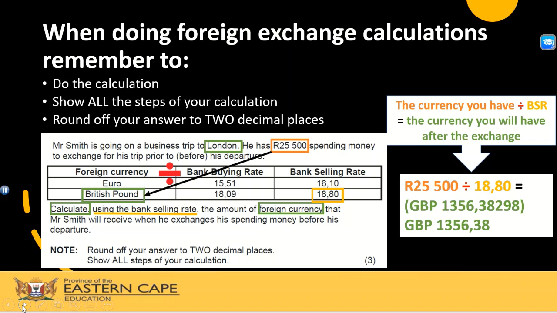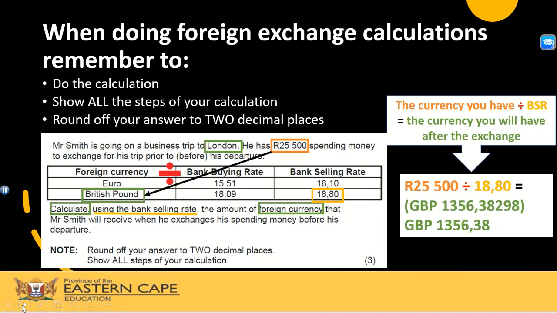25,500 rand divided by the bank selling rate, which you are instructed to use, 18.80, will give you 1356.38298 British pounds. Now you know, grade 11, you cannot give that as an answer. You will be required to round it off.